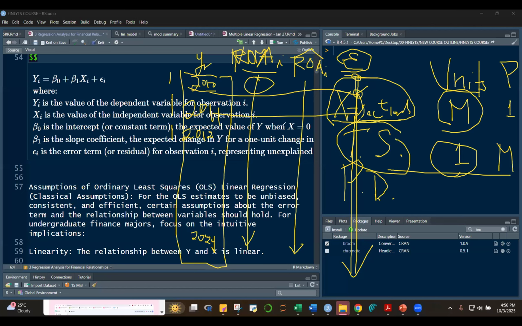Therefore, if there's a logical arrangement to your time frame, then there will be a logical arrangement to your epsilon, to your residual. Let's say this is the ROA for 2010. This is the predicted ROA for 2010. This is the residual for 2010. For 2011, the same. So you cannot change the order of your period. And when that happens, class, you cannot change the order of your residual.